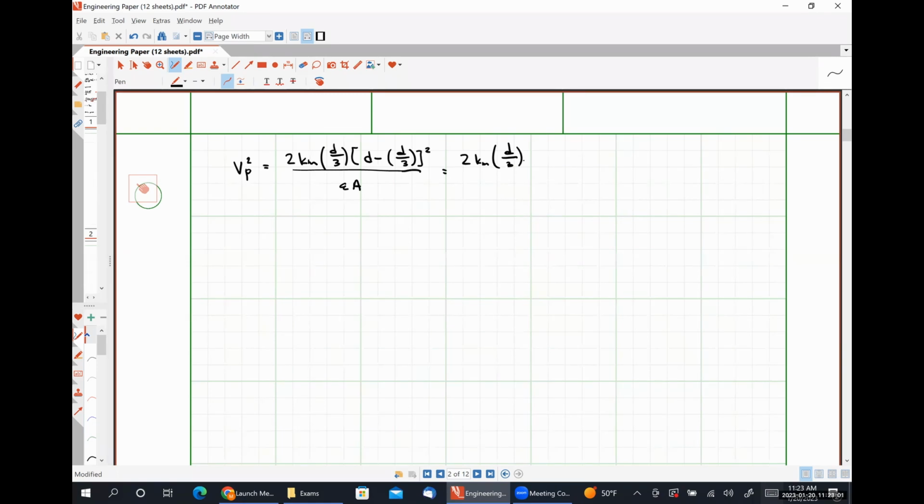And then D minus D over 3 is simply 2D over 3 quantity squared over epsilon A.